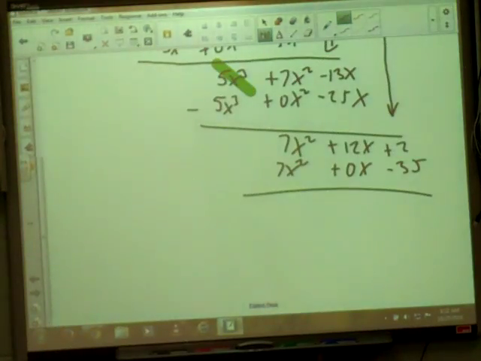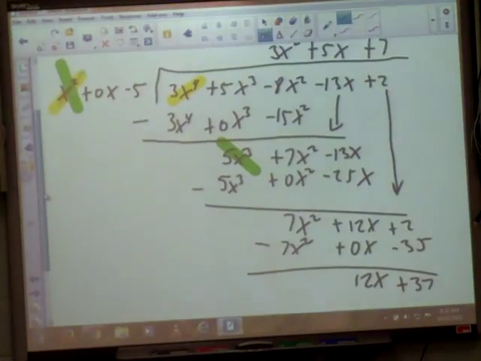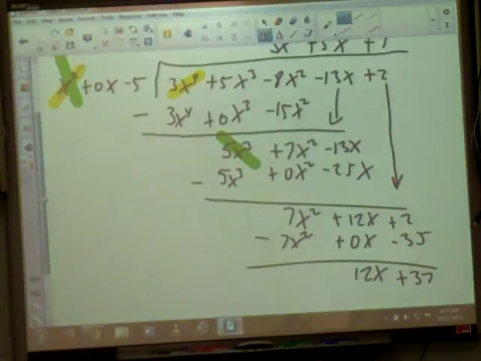Okay, subtract. I see I'm going to have a remainder here. 7x squared minus 7x squared is nothing. 12x minus 0x is 12x. 2 minus negative 35 is a positive 37. Nothing left to bring down, and x squared won't go into x, so that's your remainder.